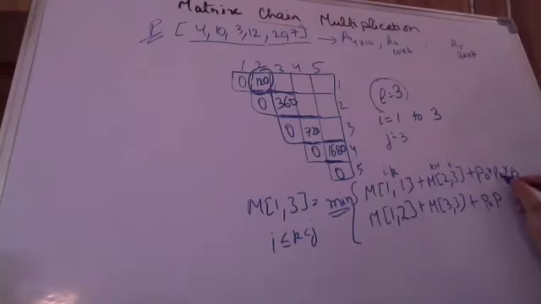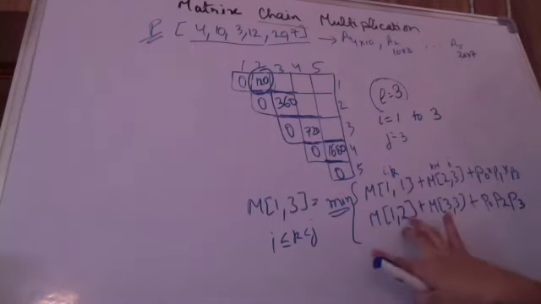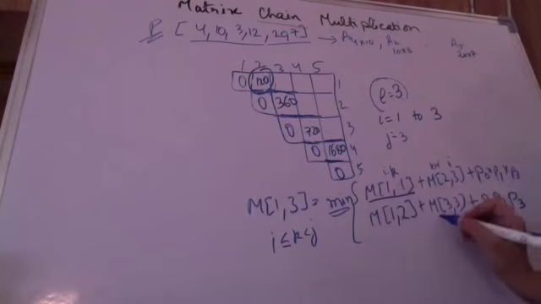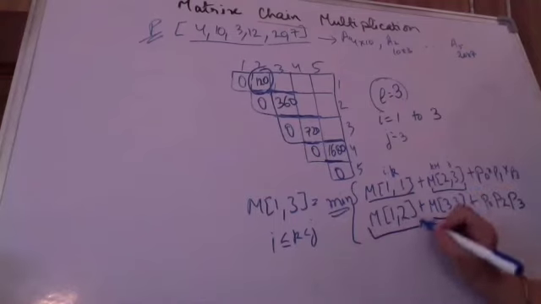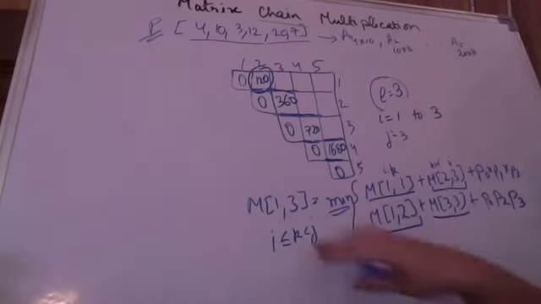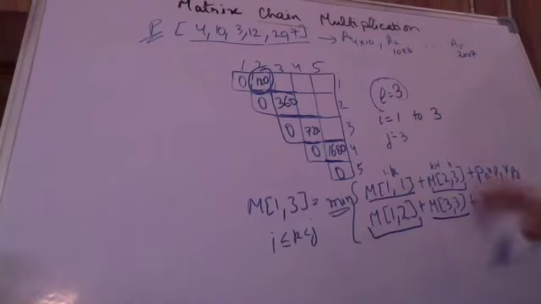This is P0 into P1, the order of the first one, my mistake, into P3, and then I am having this order as P0 into P2 into P3. We need the order of this matrix and the order of this matrix. This is 0, this is 0. The order of this matrix is multiplied, the order of this matrix is multiplied, so that is what we have to add. What gets multiplied is what gets added. I am calculating for 1 to 3, so the calculation for 1 to 3 is going on.